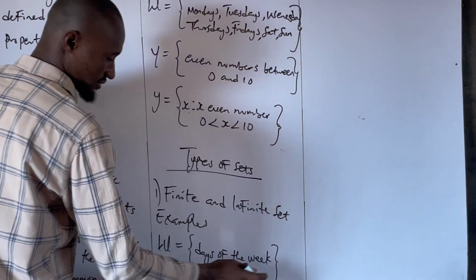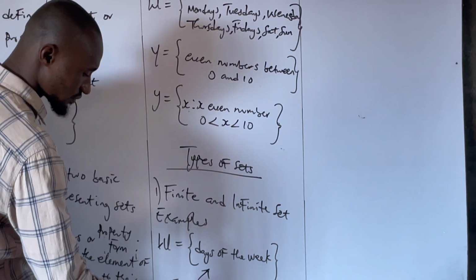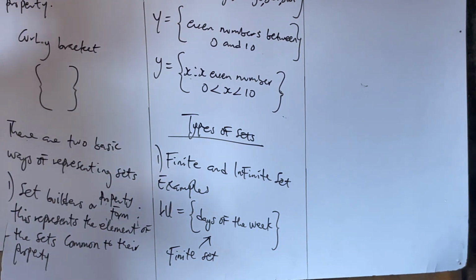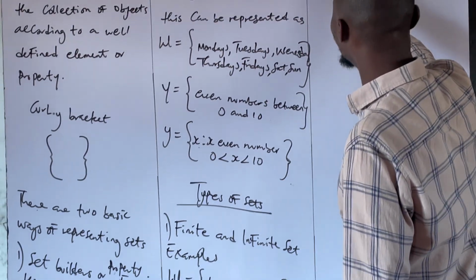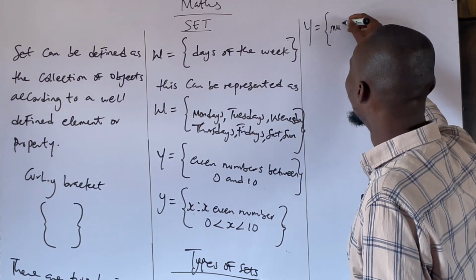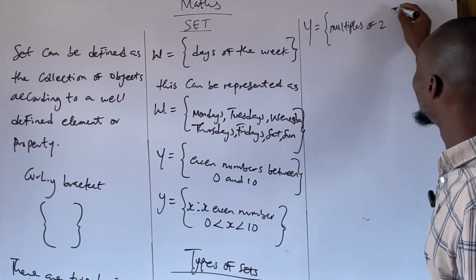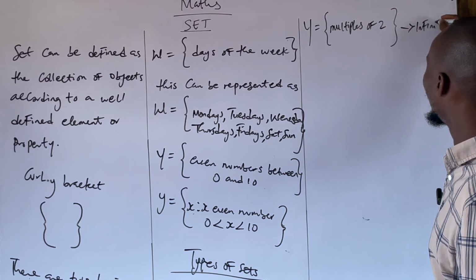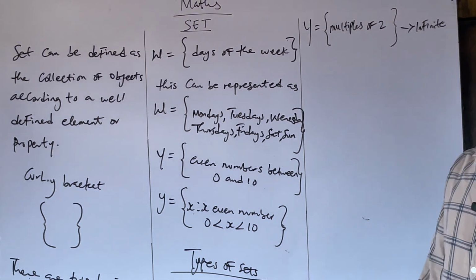This is a finite set. Did you understand? Now, when y is equal to multiples of 2, this is infinite. This is infinite. Do you understand?